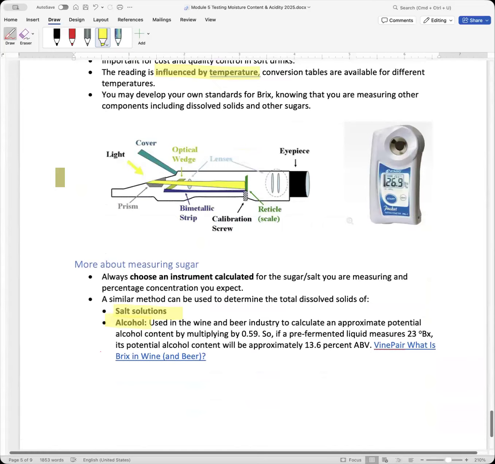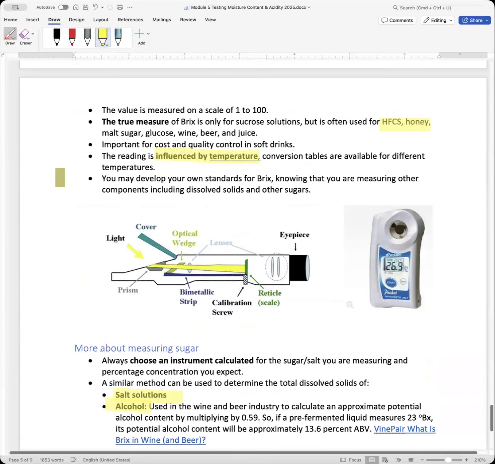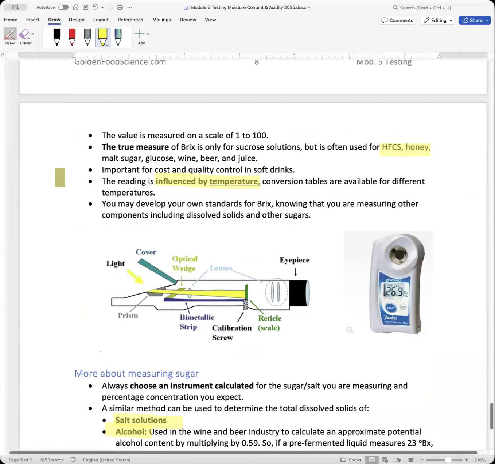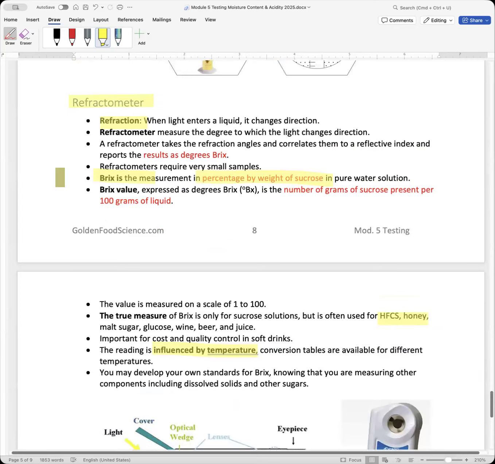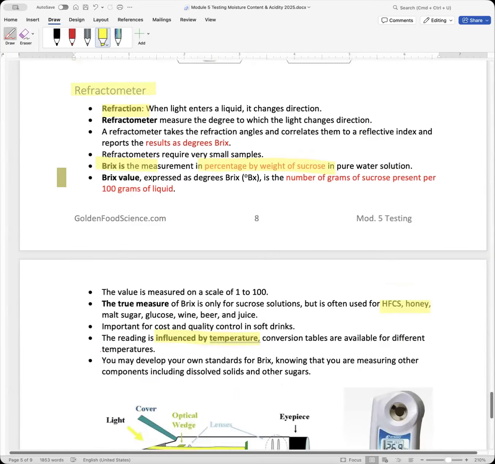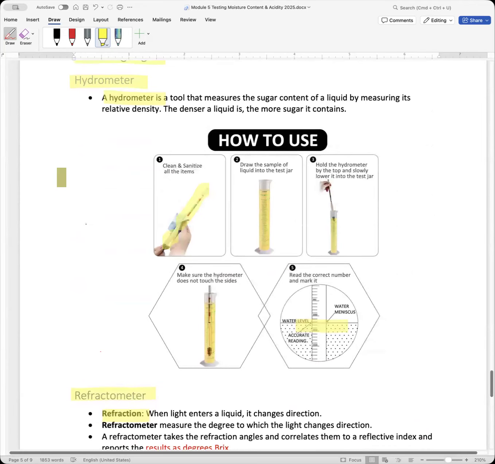Questions? I think these last two, this and sugar, are pretty common, right? So density, the hydrometer is measuring the density of your liquid.